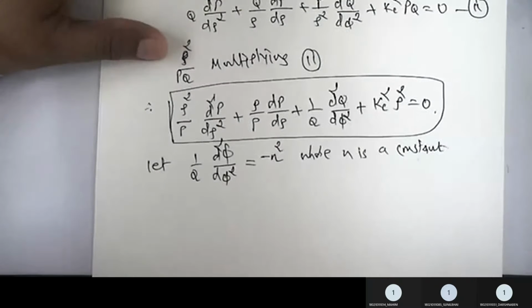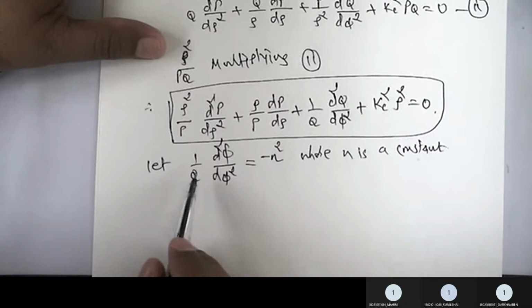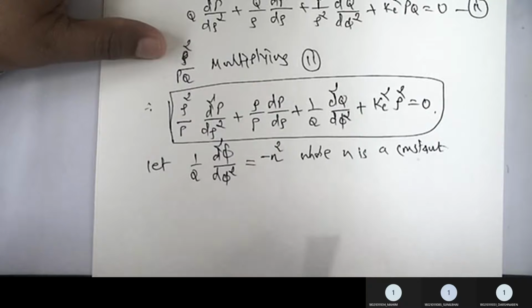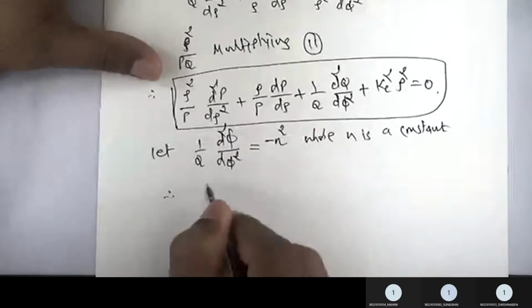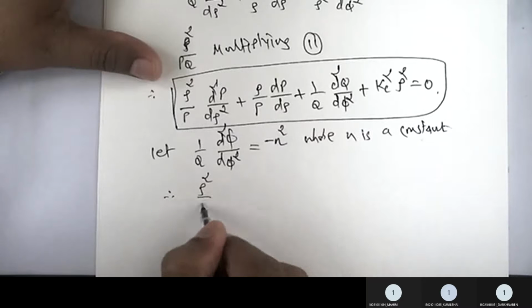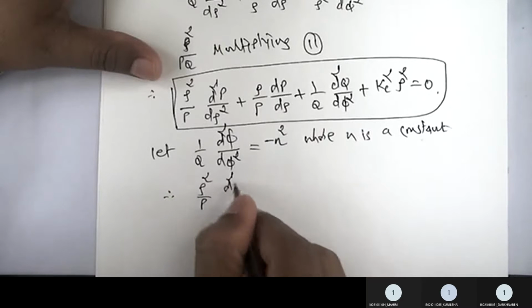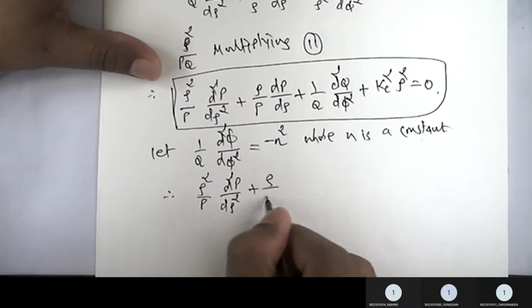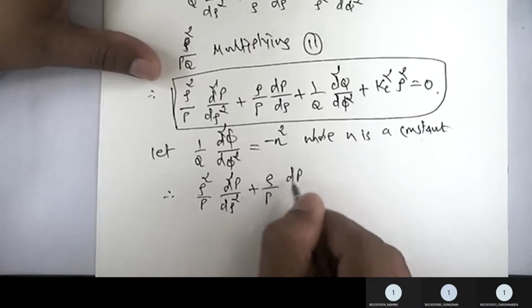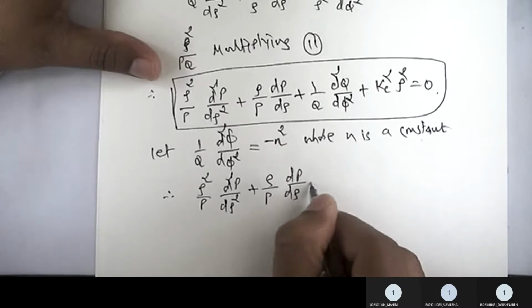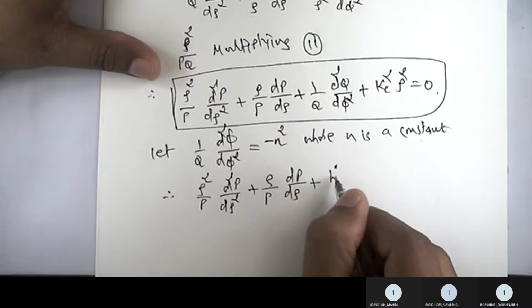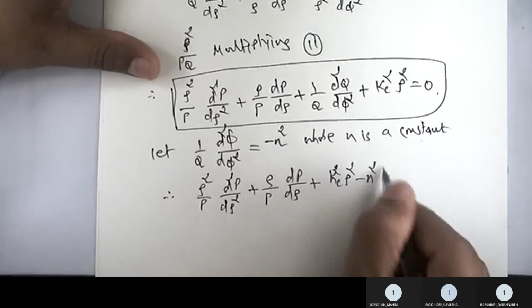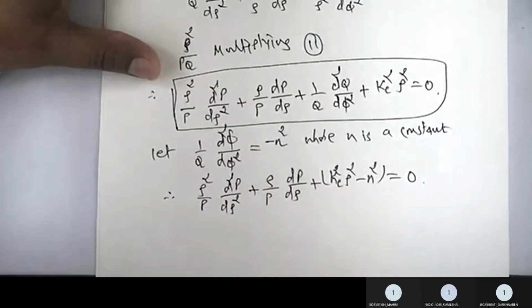Now I know that 1 over q d square q by d phi square is nothing but some constant, so the expression can be written as rho square by p d square p by d rho square plus rho by p dp by d rho plus k c square rho square minus n square, and that is equal to 0.